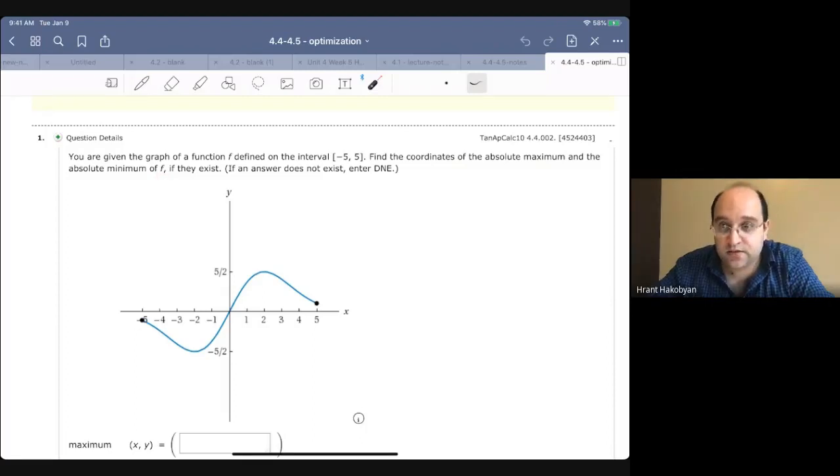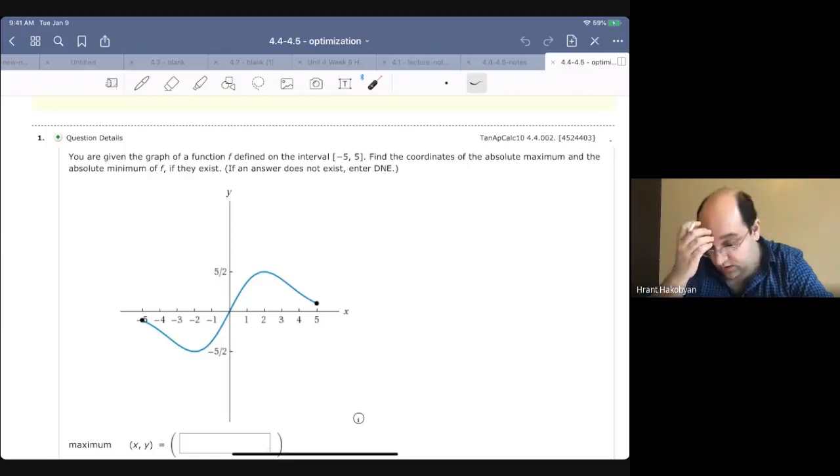Okay, so just looking at the function, it's clear what are the points where I have absolute maximum and absolute minimum.